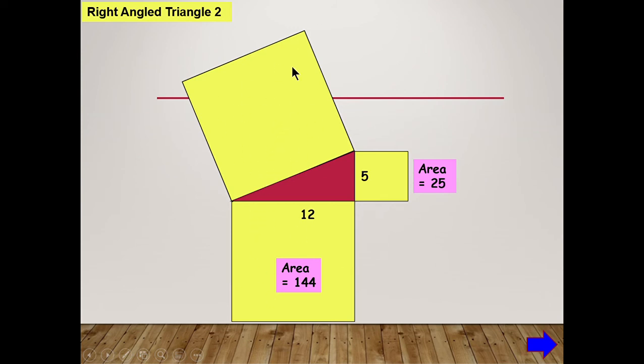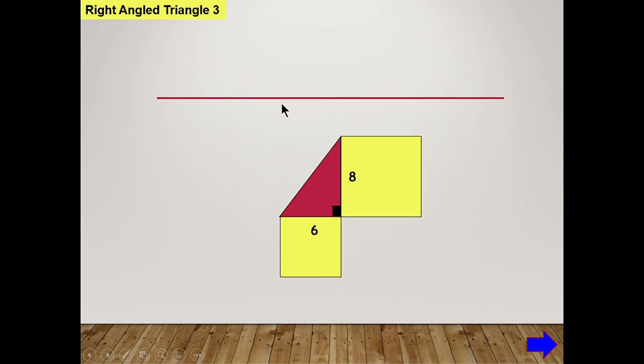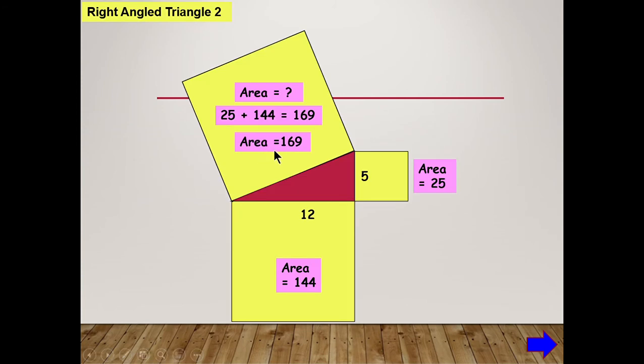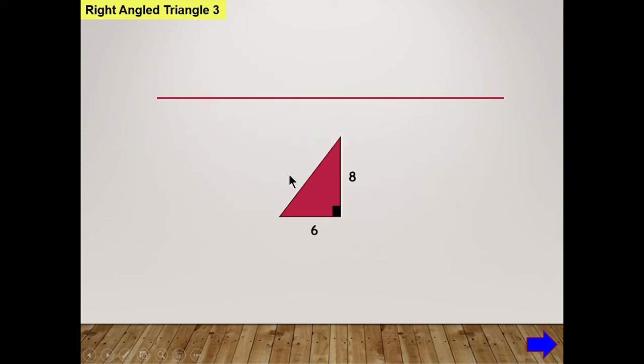I know the area of this big square here is clearly 169, the square root of which, hang on, go back a minute, sorry. The square root of which is 13, so it hasn't put that on there, but it tells me that the length here is going to be 13 centimetres, because 169 square rooted is 13.